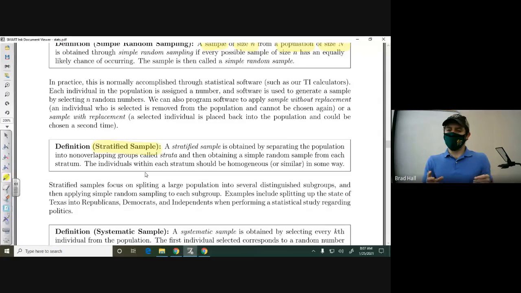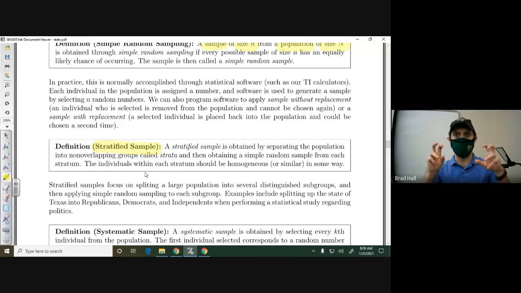So let's say some politician wanted to determine Texans' views on a certain policy passed, and they said rank from not favorable to favorable what your opinion on this policy is. If you do that for every person, I believe in the last election, the state of Texas leaned more red, so you might not get a completely diverse collection of opinions.